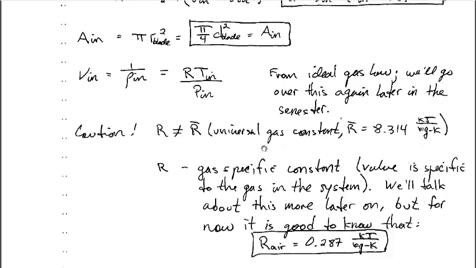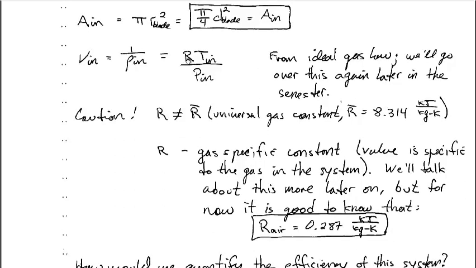One quick caution that I want to make, though, is this R parameter that's listed here, this is not the same as the universal gas constant, right? So this R is not what I'll call R bar, where R bar represents the universal gas constant, which of course you're probably familiar as being equal to 8.314 kilojoules per kilogram Kelvin.